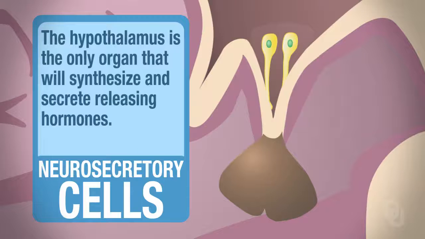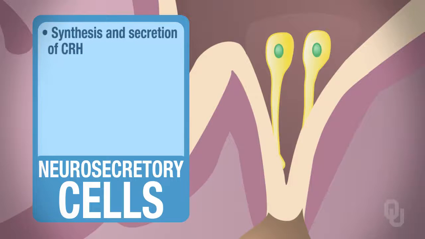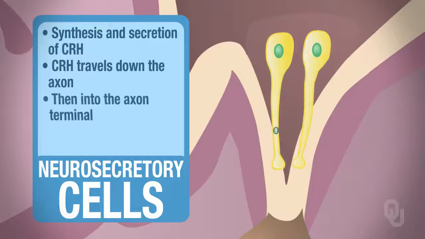The hypothalamus is the only organ that will synthesize and secrete releasing hormones. So anytime you hear about a releasing hormone, you can automatically assume it was synthesized and secreted by the hypothalamus. Okay, so when the neurosecretory neurons synthesize and secrete corticotropin-releasing hormone, it travels down the axon of that neuron and into the axon terminal.